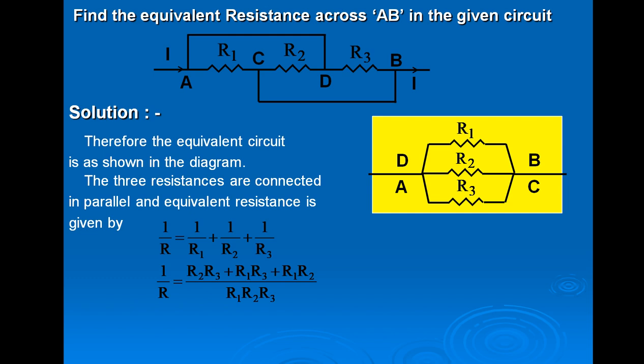Taking reciprocal, we get equivalent resistance R is equal to R1 R2 R3 upon R1 R2 plus R2 R3 plus R1 R3. So this is the equivalent resistance in the given circuit.